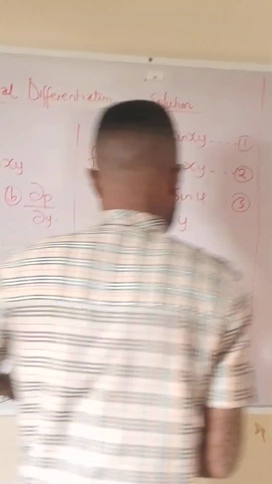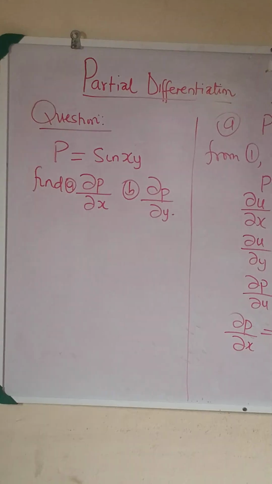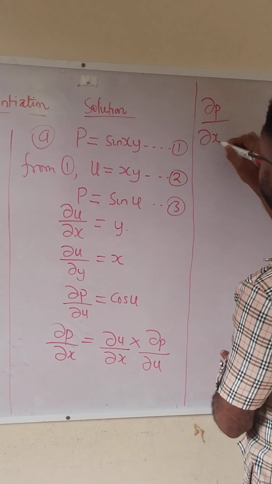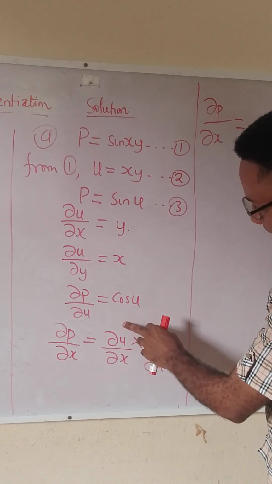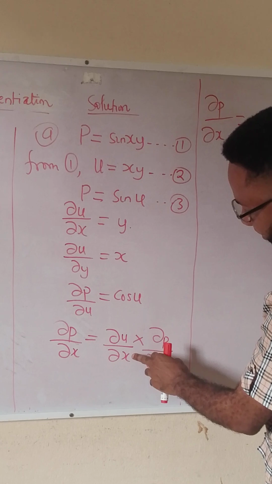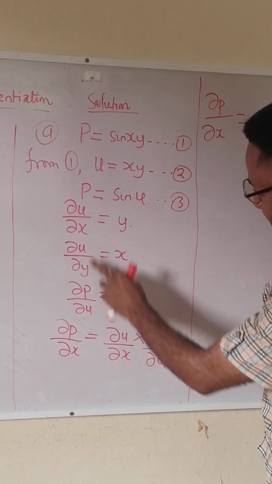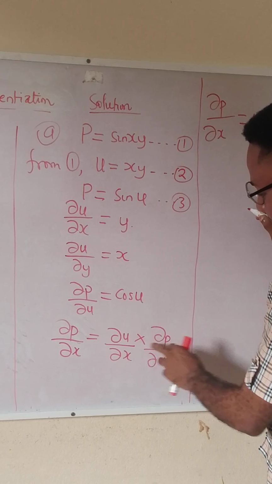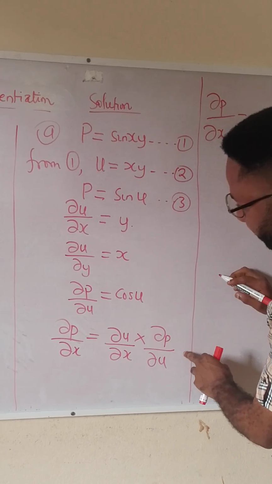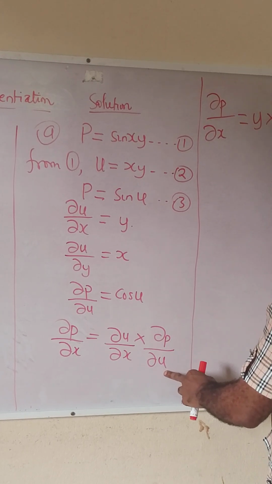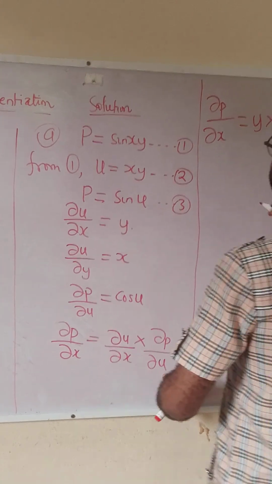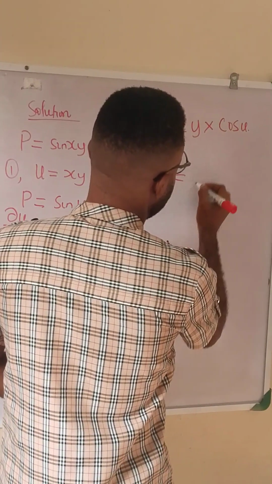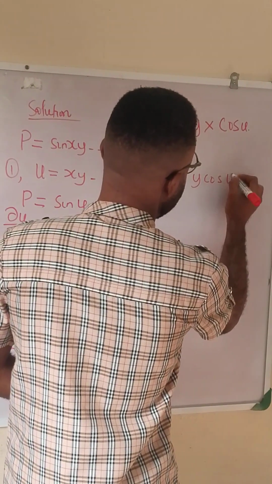When we've done that, we now slot in the values. The partial derivative of p with respect to x will be equal to the partial derivative of u over the partial derivative of x, which is y, times the partial derivative of p with respect to u, which is cos u. So this will give us y cos u.